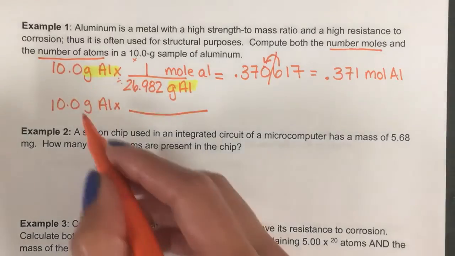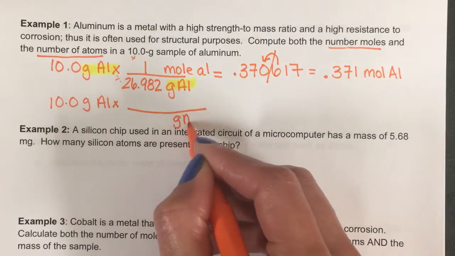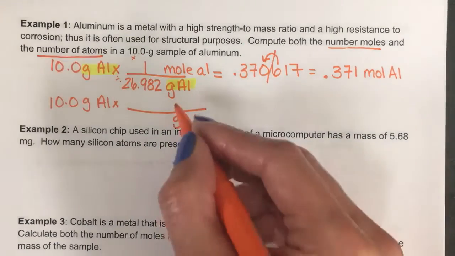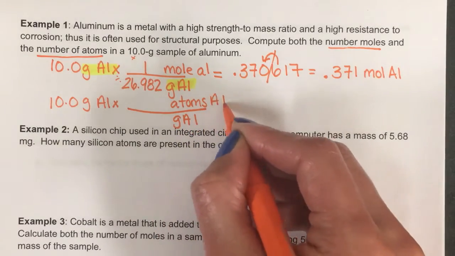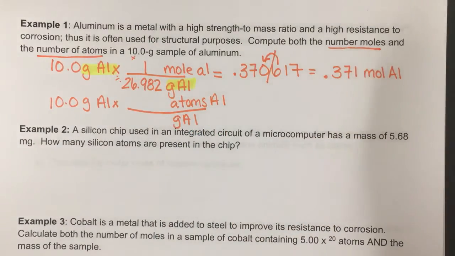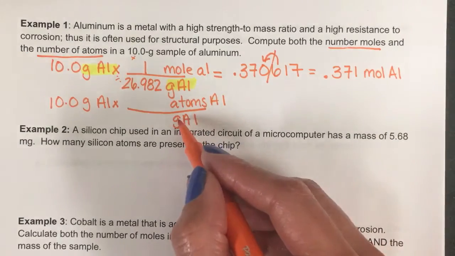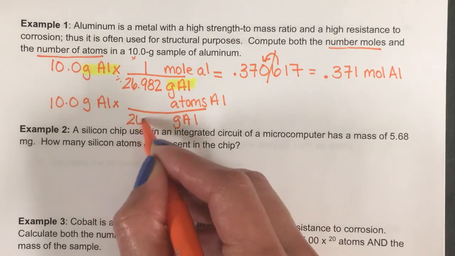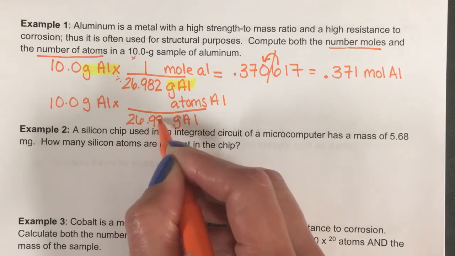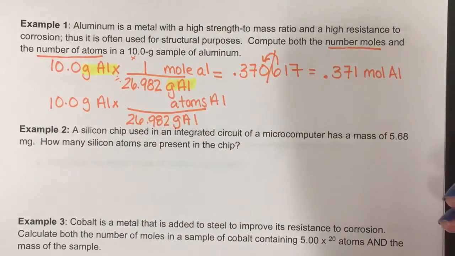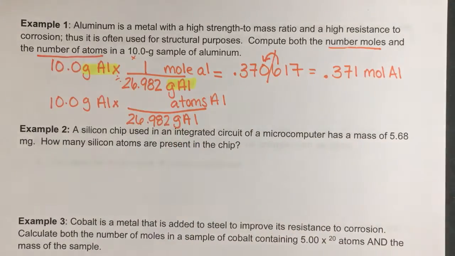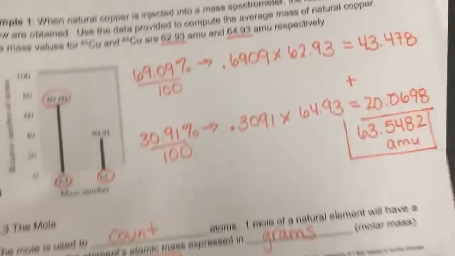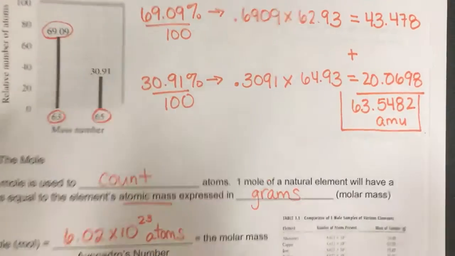Okay, so I still need to make grams of aluminum go away. This time I'm changing to atoms of aluminum. Okay, so grams is still the number from the periodic table, which I said was 26.982. And I know that the number from the periodic table is always equal to Avogadro's number.